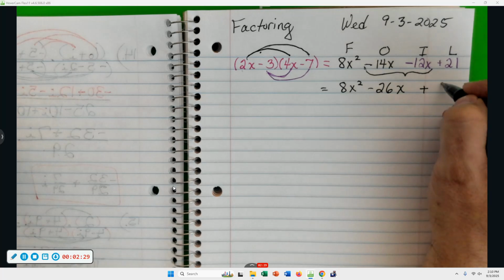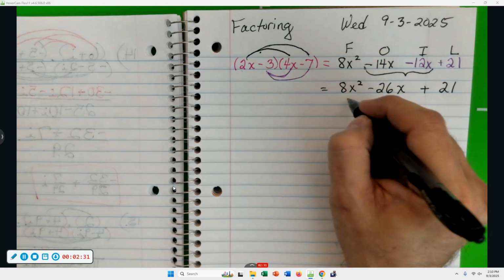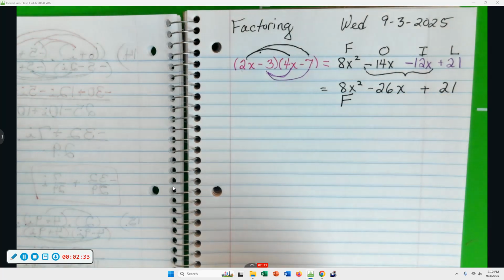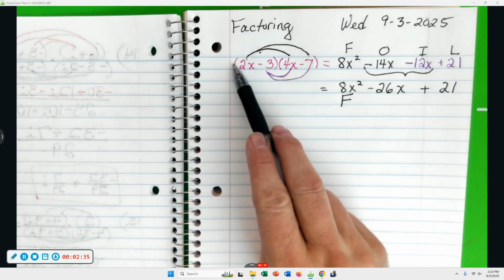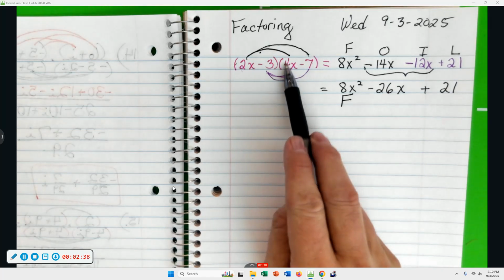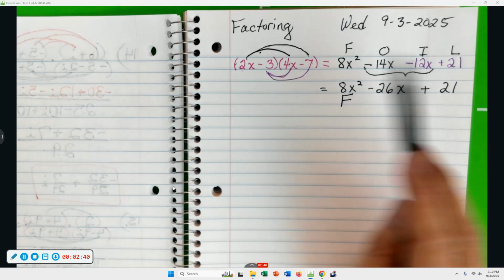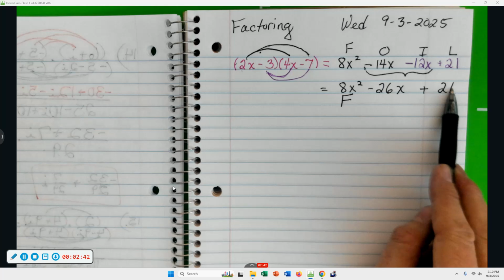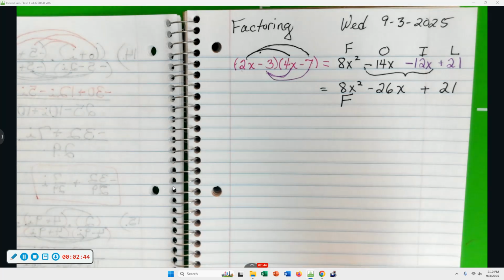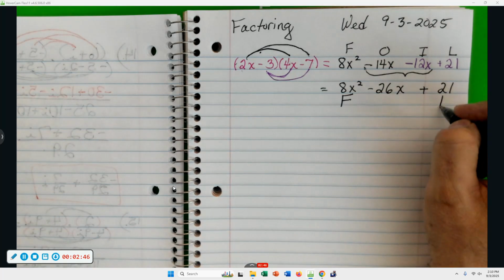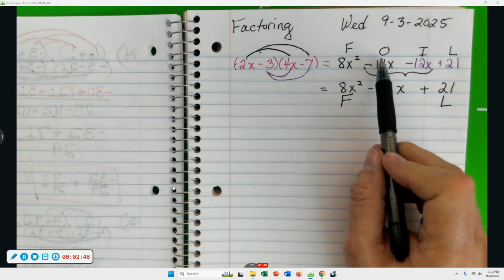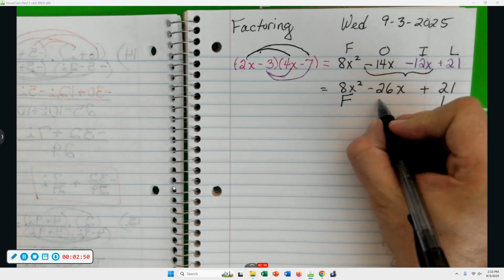And then the last number, 21. The first term we got by multiplying the first two terms, the last number, 21, by multiplying the last two numbers, but the middle term comes from combining the O and I.